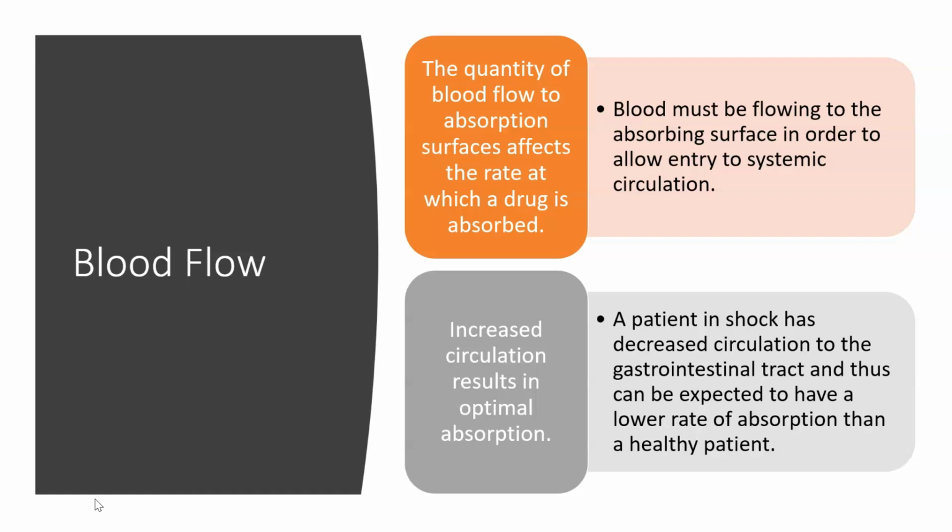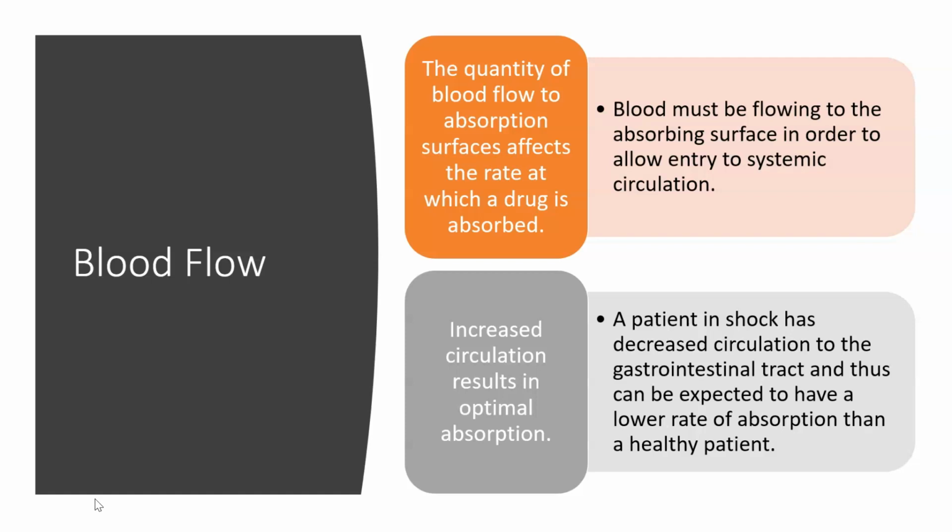Blood must be flowing to the absorbing surface in order to allow entry into the systemic circulation. Okay, makes sense, right? Increased circulation results in optimal absorption. So a patient in shock has decreased circulation to the gastrointestinal tract, and thus can be expected to have a lower rate of absorption than a healthy patient.